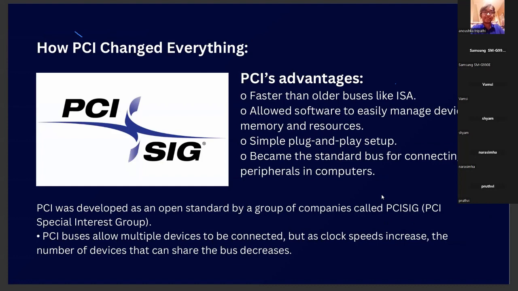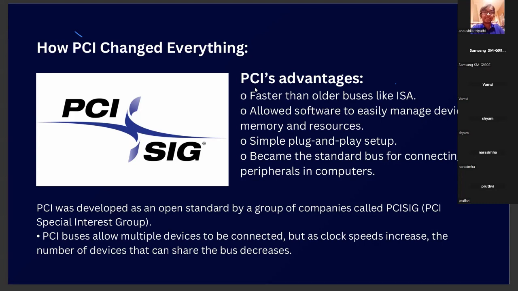So how did PCI change everything? PCI was developed as an open standard by a group of companies under the PCI SIG, the PCI Special Interest Group. This is very popular in the present day also. The advantages of this new PCI protocol were that it was faster than older bus systems like ISA.